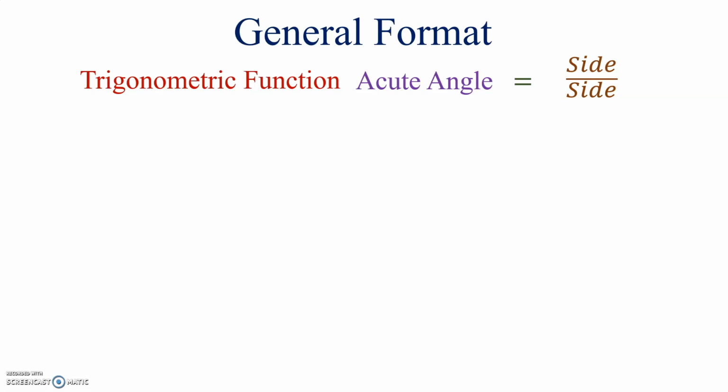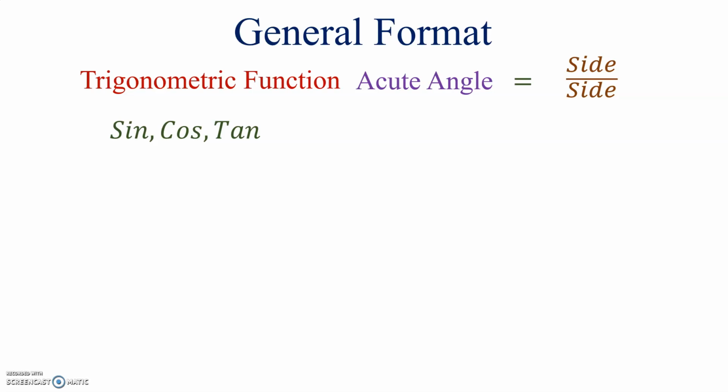I'll get more specific. When I speak about the trigonometric function, primarily it'll either be sine, cosine, tangent. Now the other three, secant, cosecant, and cotangent, could be used, but the primary ones we'll focus on are sine, cosine, tangent.